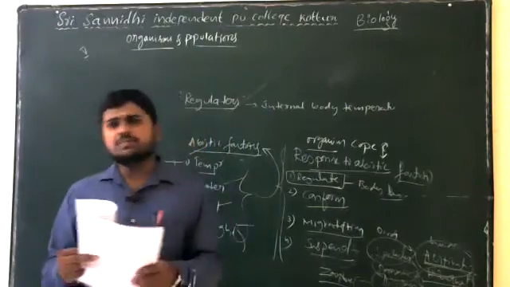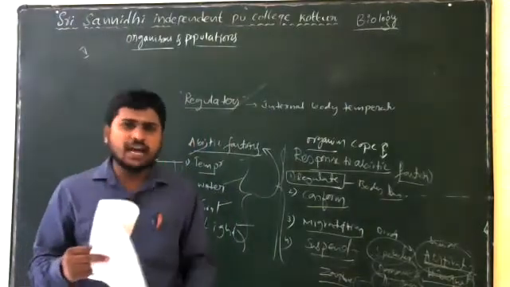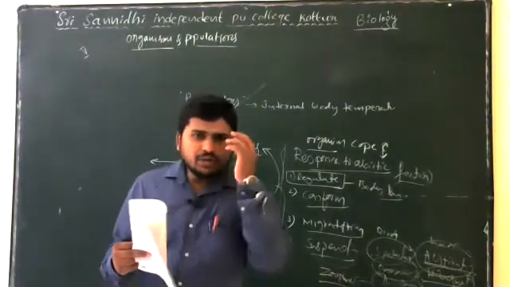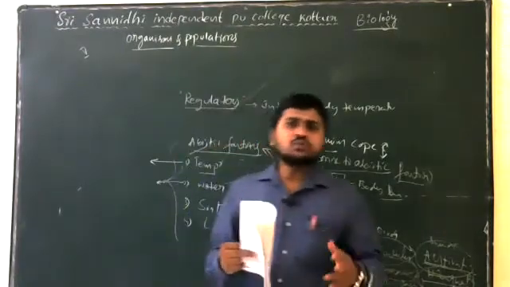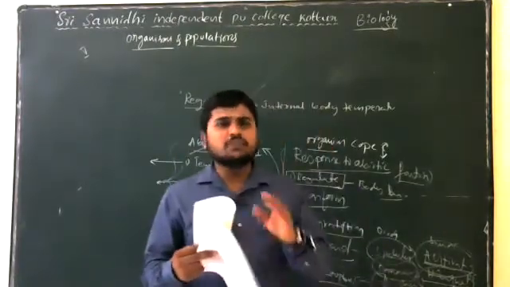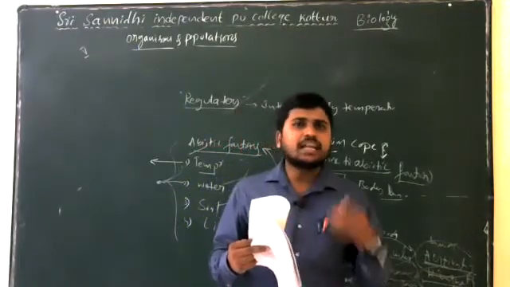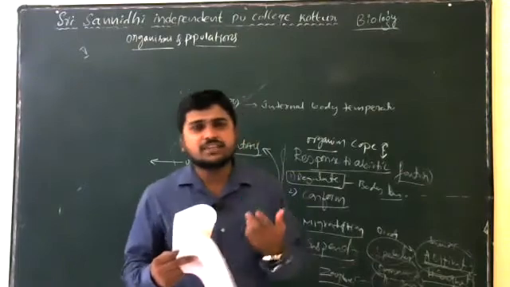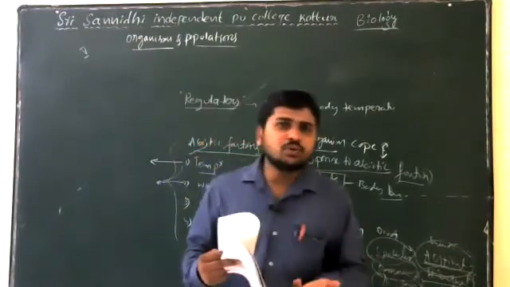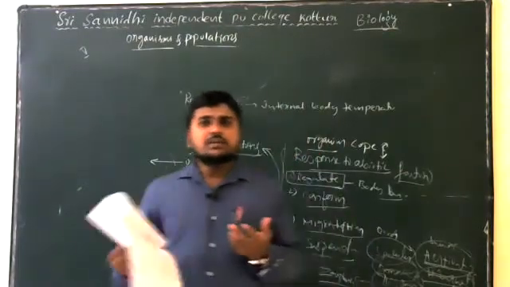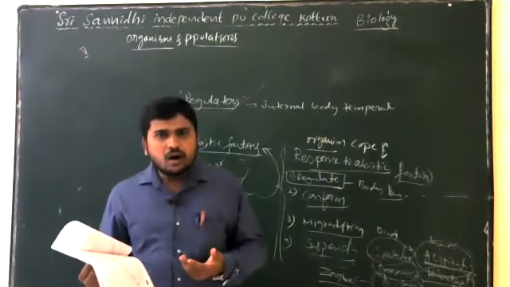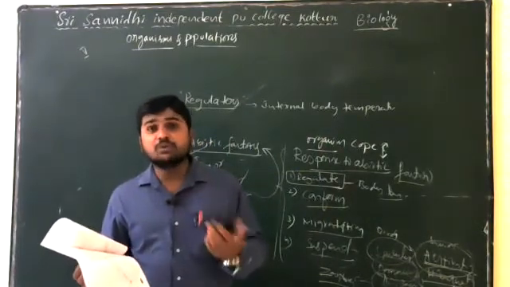An adaptation is any attribute of the organism that enables it to survive and reproduce in that particular habitat or environment. How the organism has been able to adapt, what all the mechanisms are, whether it is a morphological attribute, a physiological attribute, or a behavioral attribute.